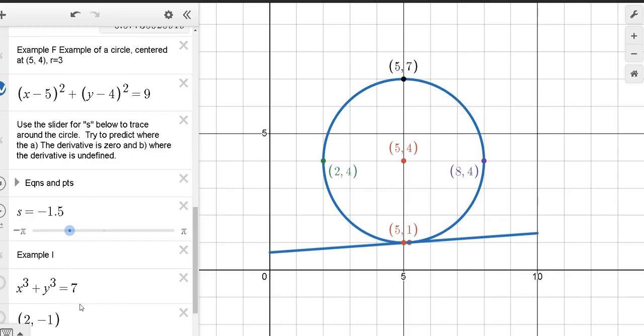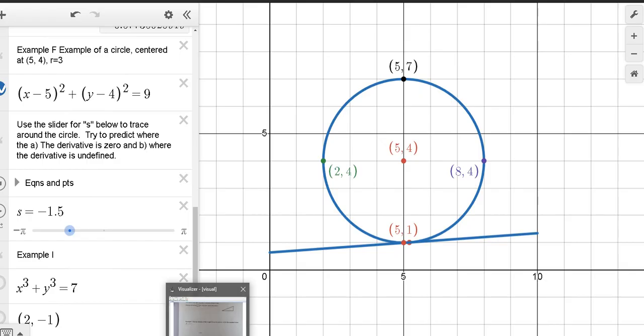All right. Looking good on that one. Let's keep rolling. I'm going to save one for you. So let's try example I, and then we'll come back and cover example G. Let's see.